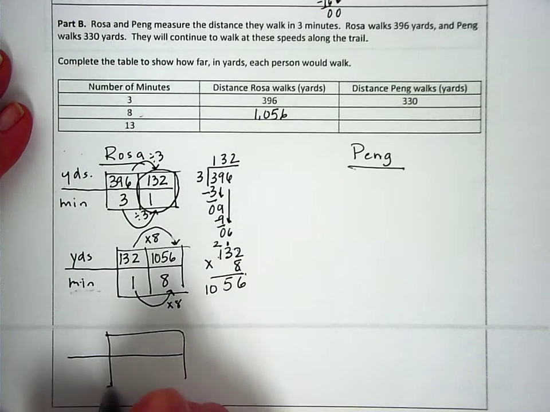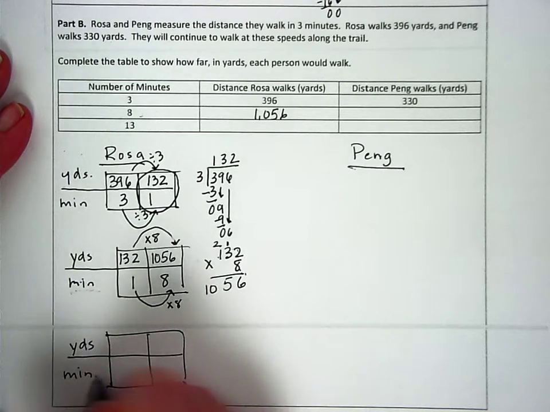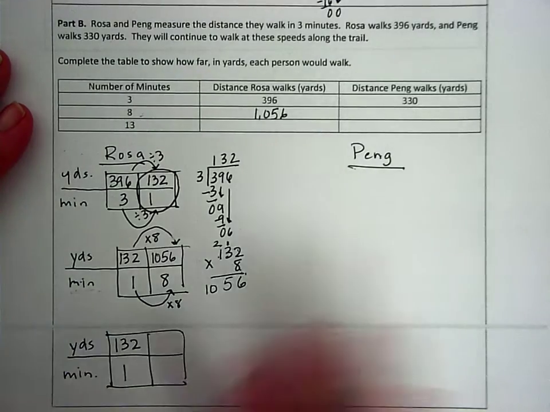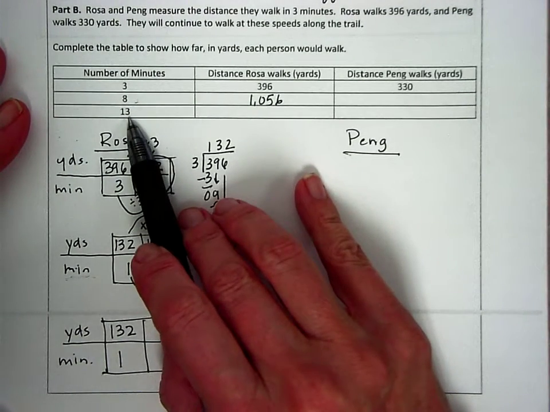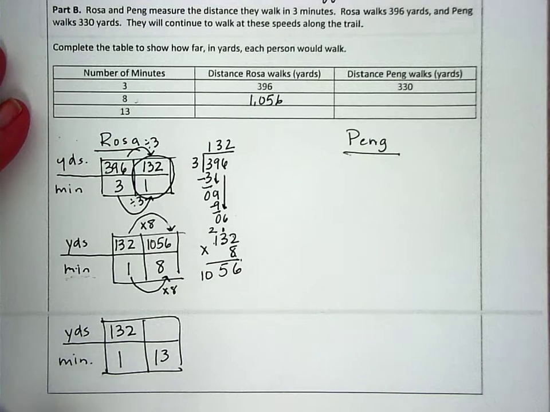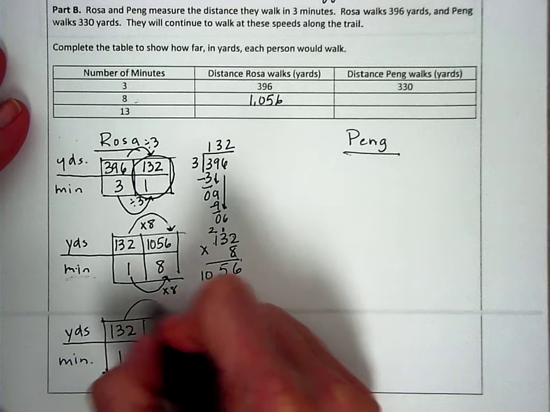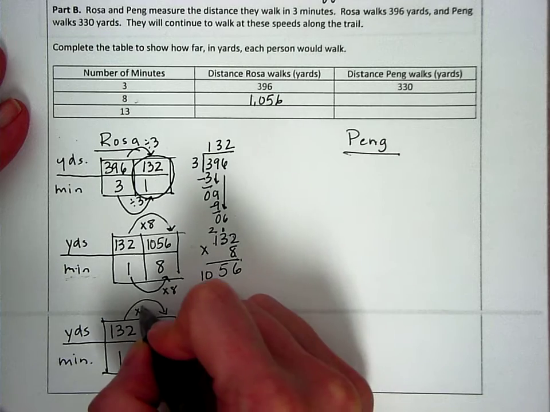All right, let's draw a ratio table again. Again, we're still comparing yards to minutes. And we're starting with the unit rate, 132 yards in 1 minute. Well, in the table, they want to know how many yards in 13 minutes. So 1 times 13 is 13. So 132 times 13.